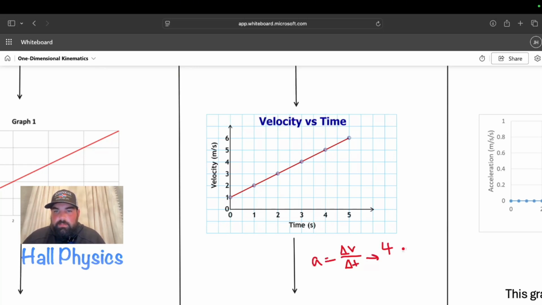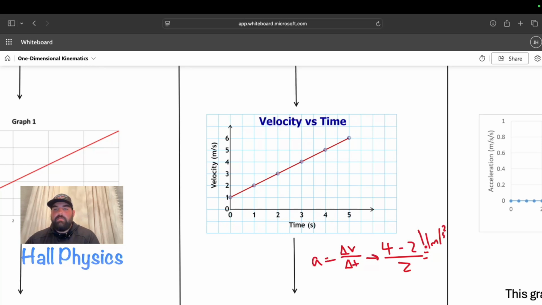For the difference in time, my final time is 3 and my initial time is 1, so we have a 2-second lifespan. 4 minus 2 is 2. 2 over 2 equals 1 meter per second squared.